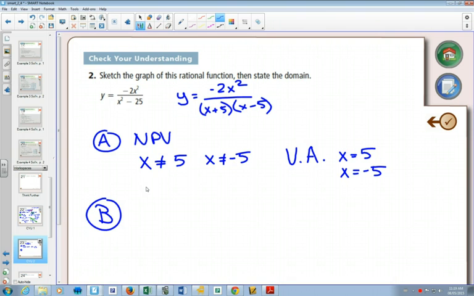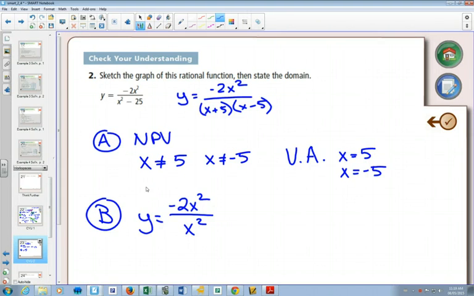The way that we did that in 2.3 is we looked at the highest power in the whole equation. The highest degree that we have either in the numerator or the denominator is x squared. So if we look at just the x squareds and ignore everything else, we have negative 2x squared in our numerator, and we have a positive 1x squared in our denominator.